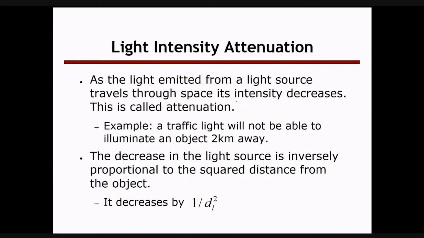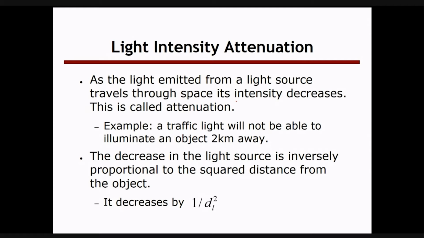And then light intensity attenuation. Now what is attenuation? So we'll understand this thing. The same thing as we have seen in the previous slide will come over here in the form of attenuation. As the light emitted from a light source travels through space, its intensity decreases. A very simple thing. This phenomenon is called attenuation.